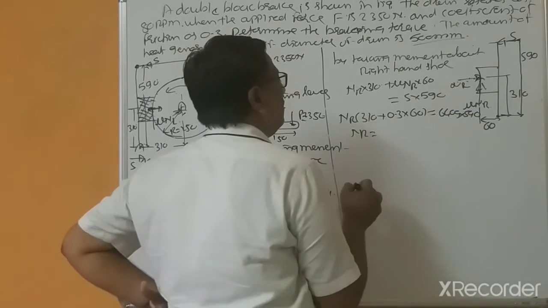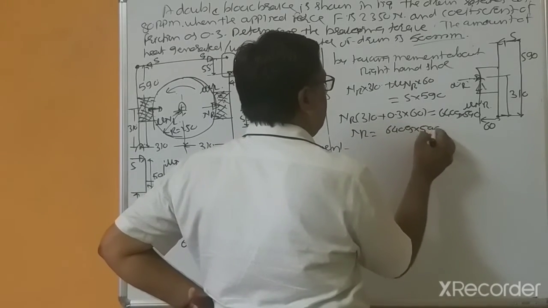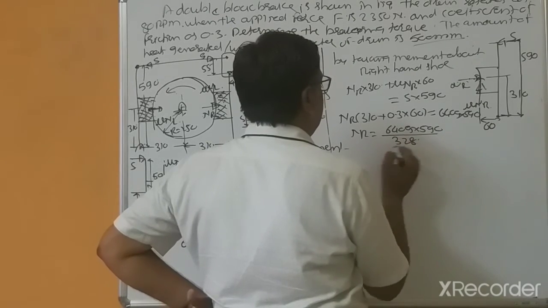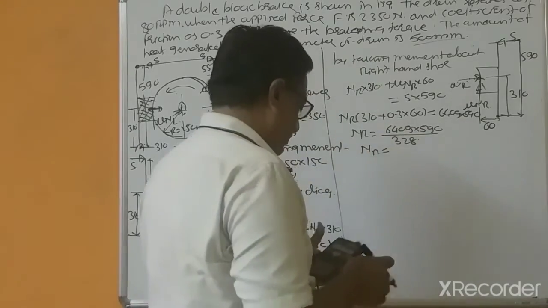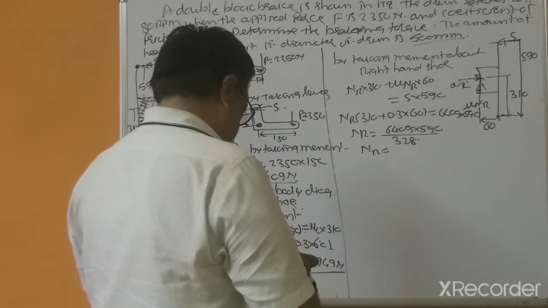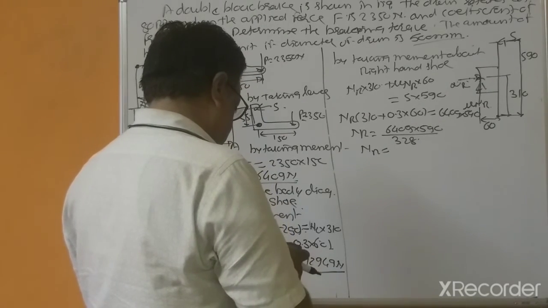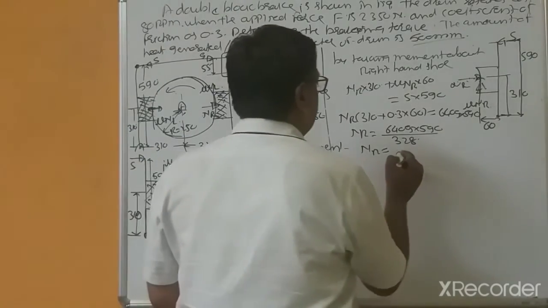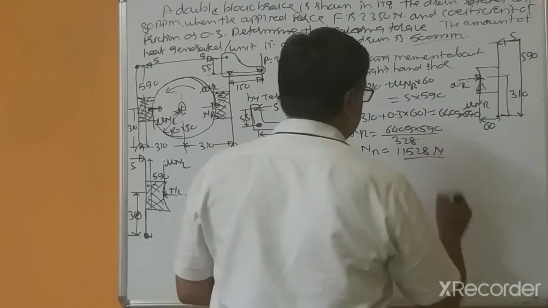NR equal to 6409 into 590 divided by 328, equal to 11,528 Newton.